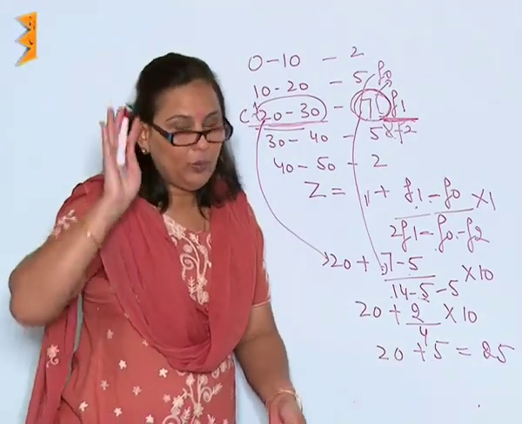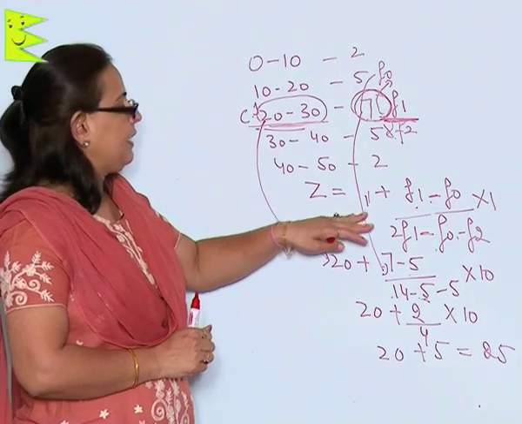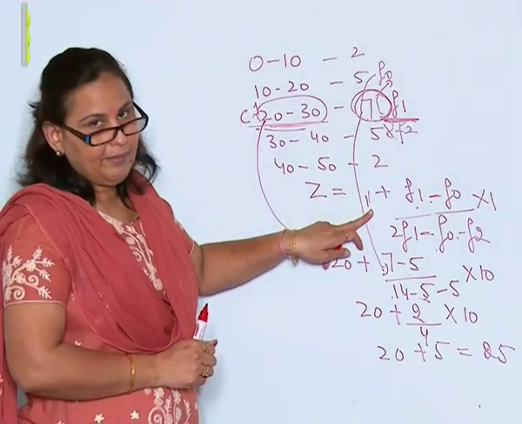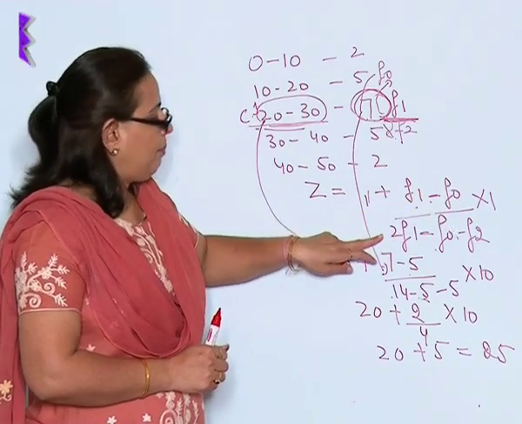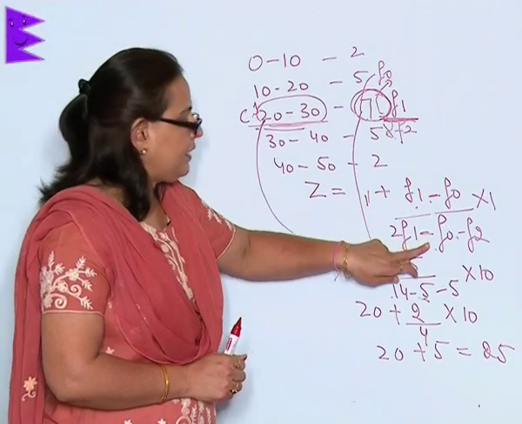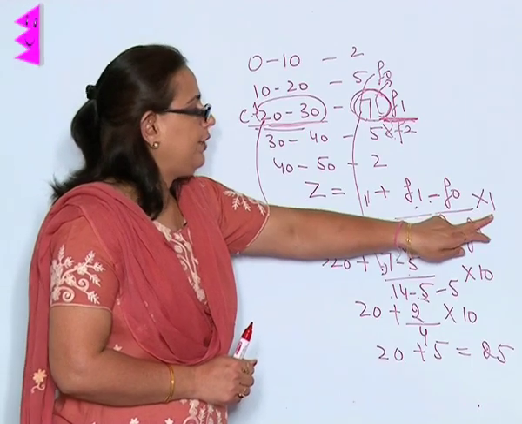Remember the formula you have to apply properly: the lower class limit plus (f1 minus f0) upon (2f1 minus f0 minus f2), into class interval.